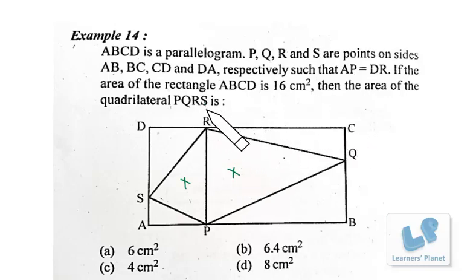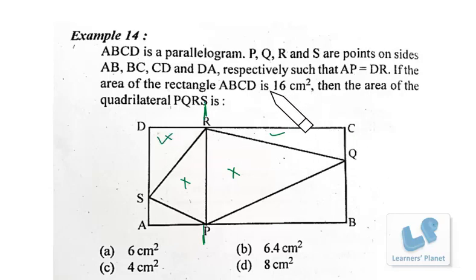That means the area of this triangle will be half that of the area of this rectangle PRBC. Similarly, in this case also, the area of this triangle PSR will be half of the area of the rectangle PADR. This rectangle and this rectangle make the complete rectangle ABCD, right?